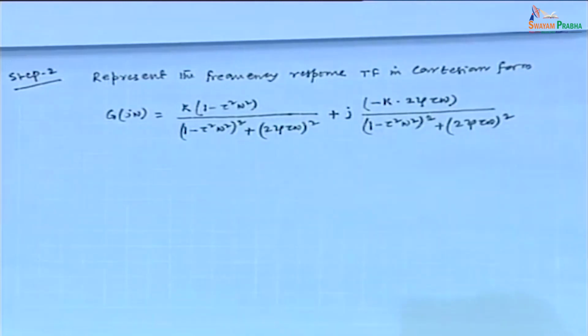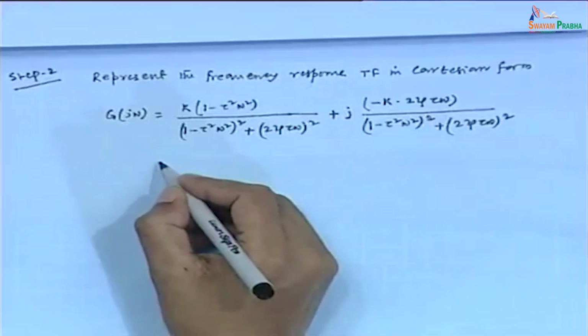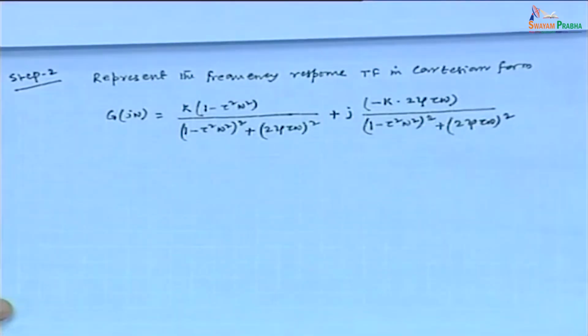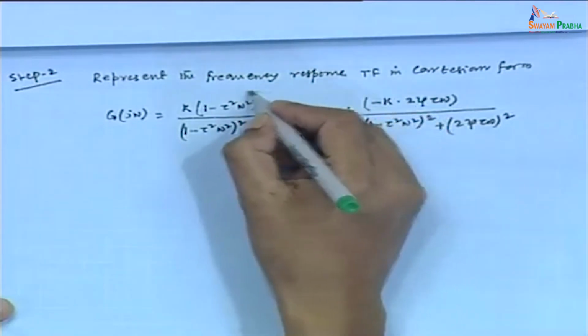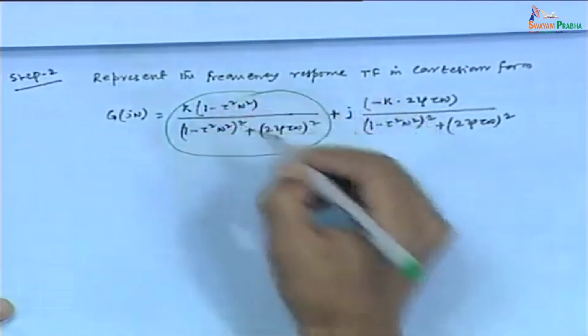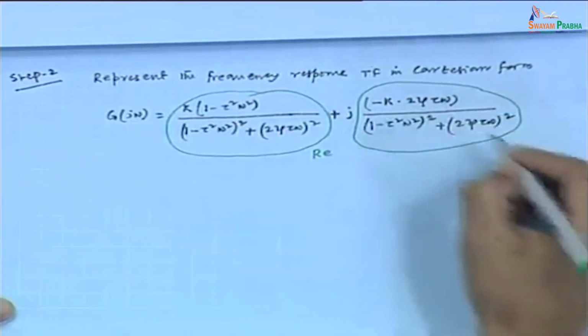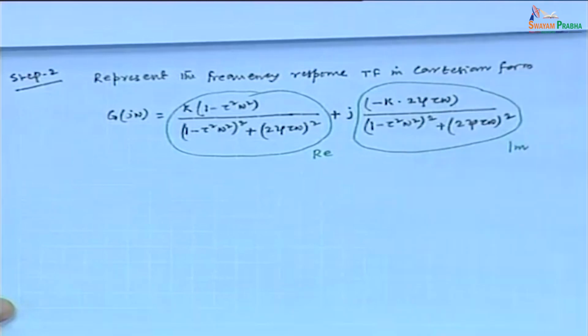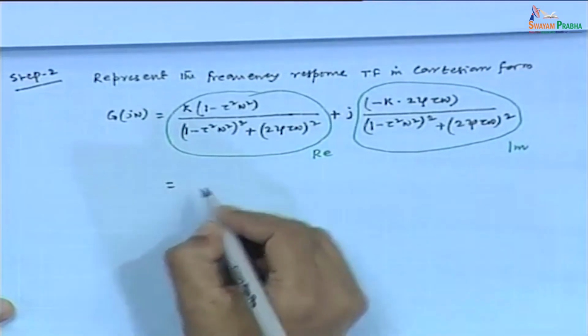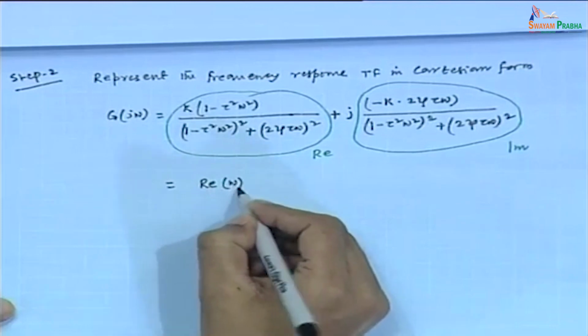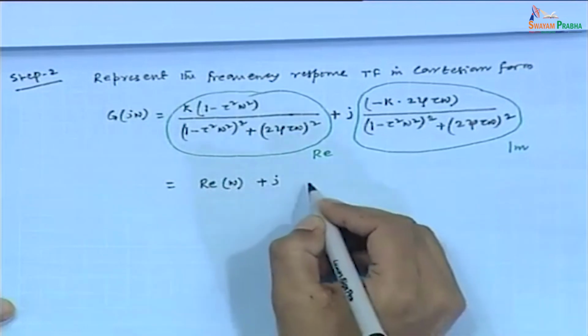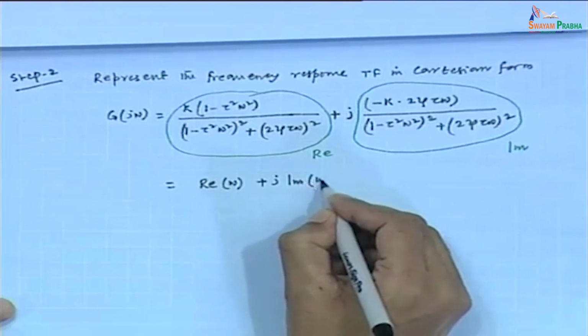We have written this frequency response transfer function as a combination of real part plus j imaginary part.